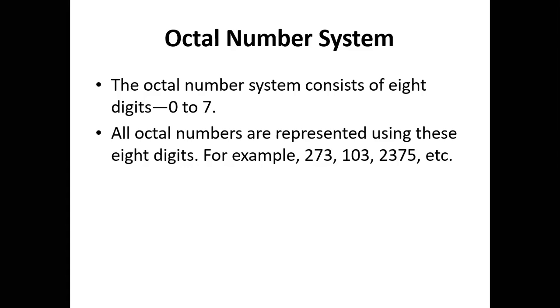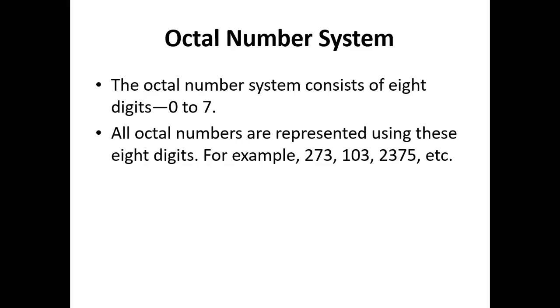So the idea is, in any number system, let's say for example the octal number system, base 8, the digits which you are going to use will be all the positive digits from 0 up to 7. That's for base 8. If it's base 2, which we'll talk about shortly, you can only use 0 and 1.